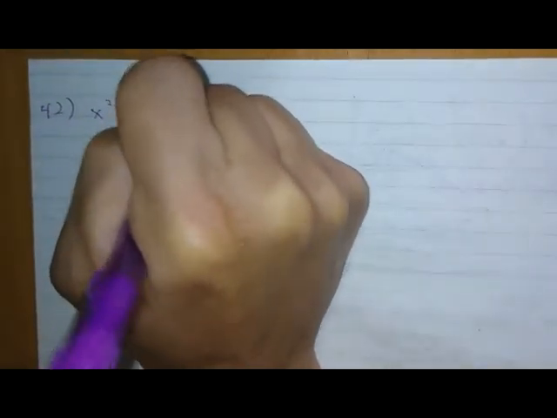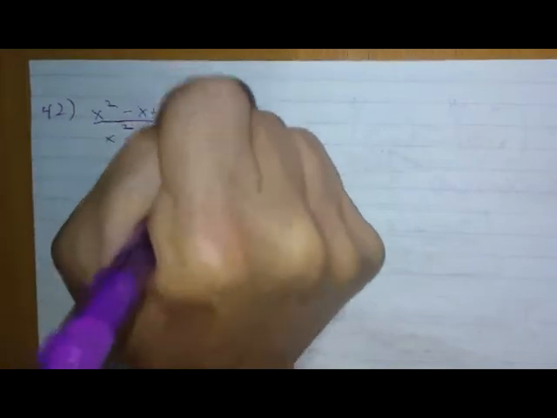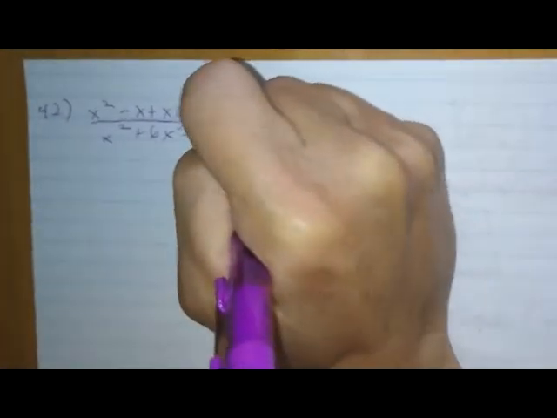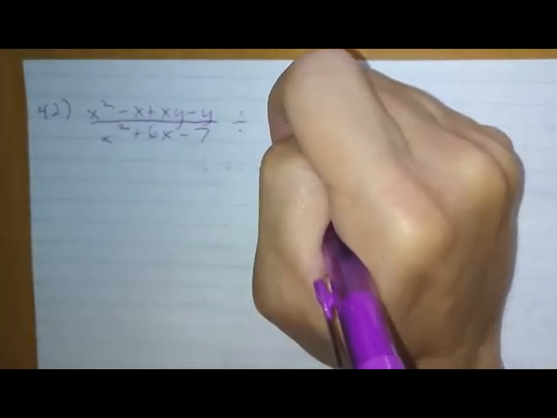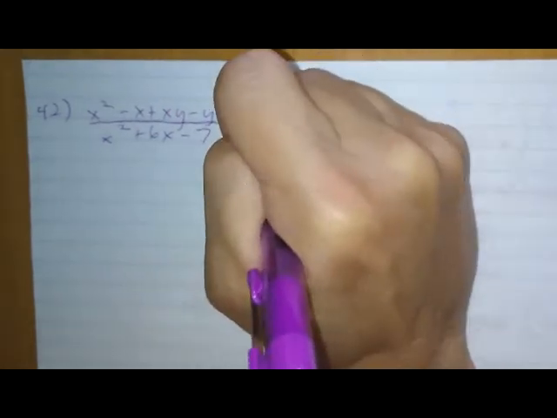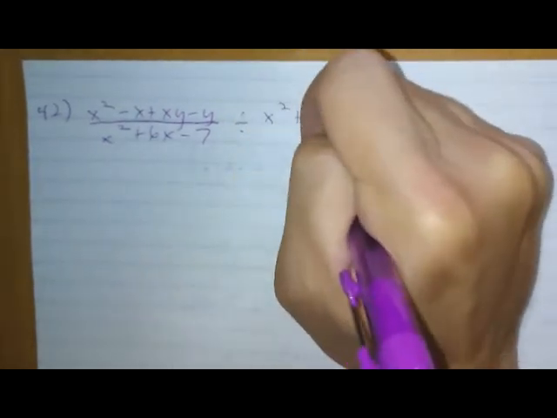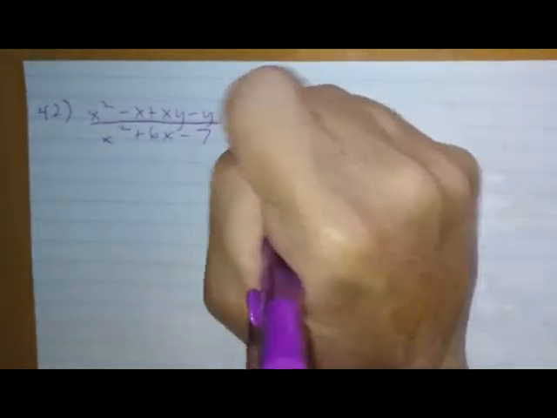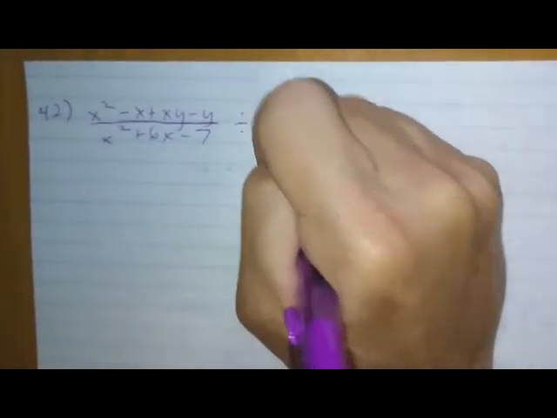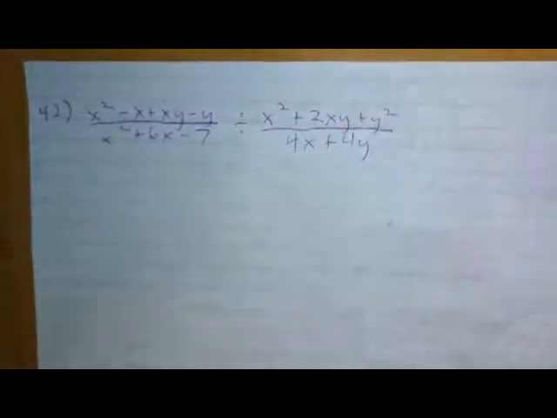Oh, okay. Number 42. It says x squared minus x plus xy minus y over x squared plus 6x minus 7, divided by x squared plus 2xy plus y squared over 4x plus 4y.